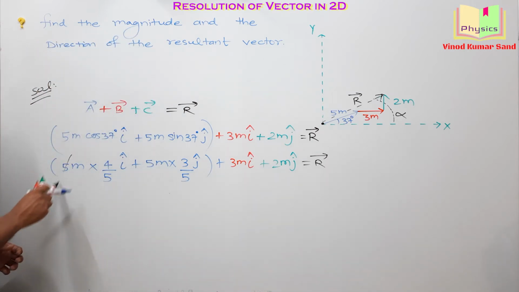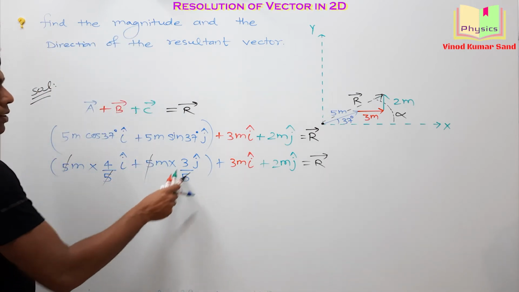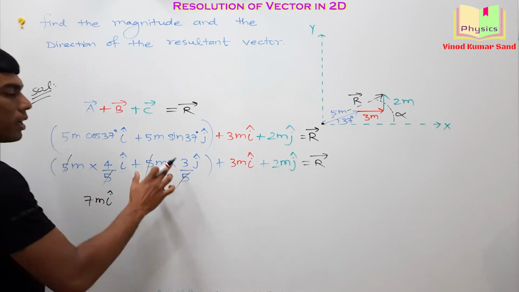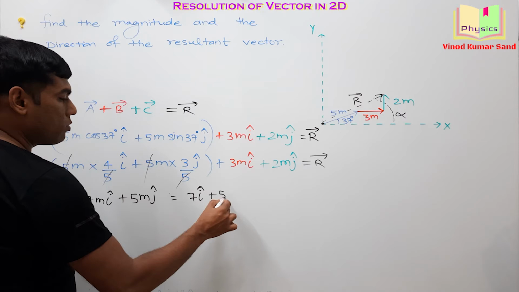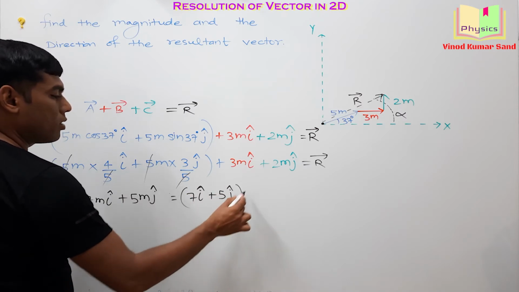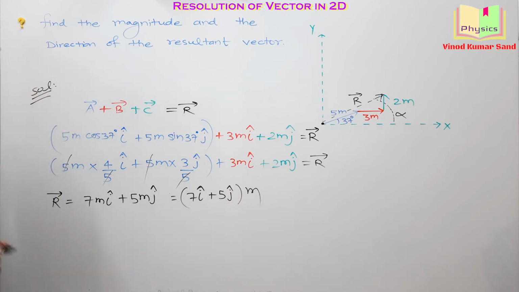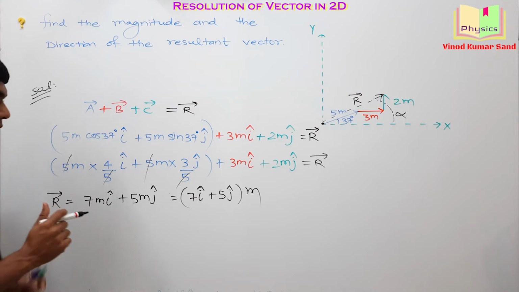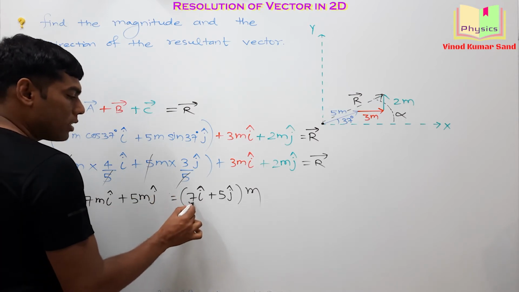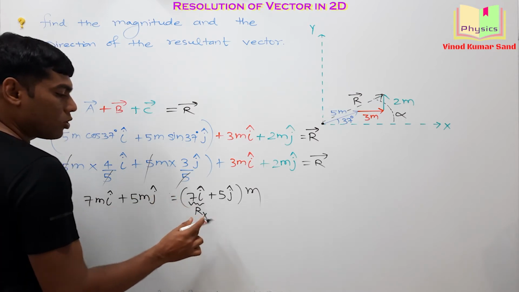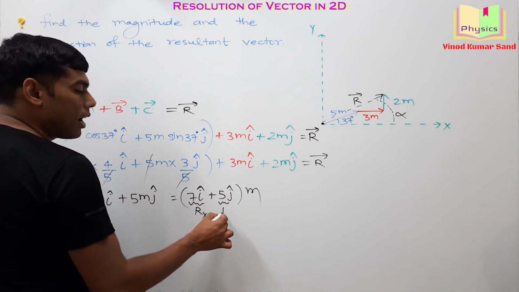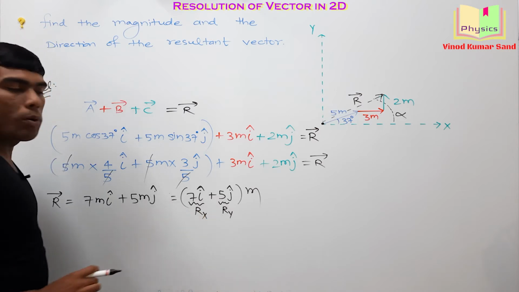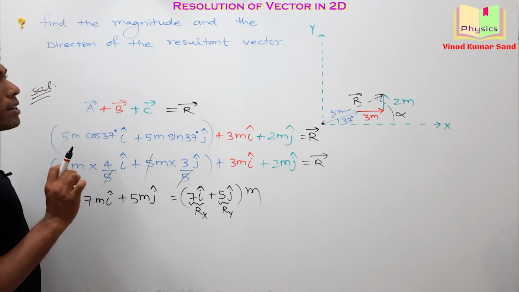Going further, this 5 and 5 is getting cancelled out. This 5 and 5 is getting cancelled out. Simply you can write this as 7 i cap plus 5 j cap and the unit is meter. Do you agree? This is actually the Rx, the x component of the resultant vector, and this is actually Ry, the y component of the resultant vector.